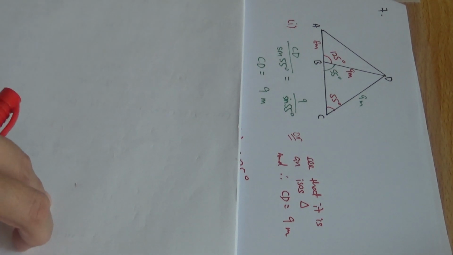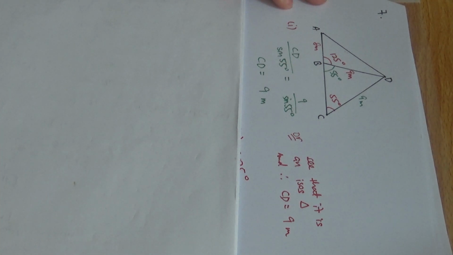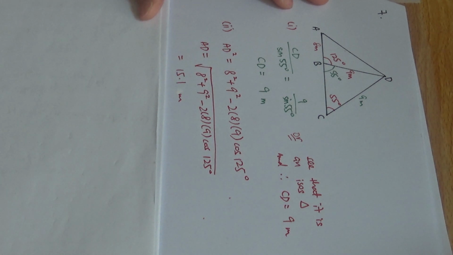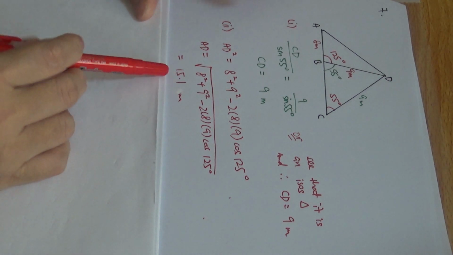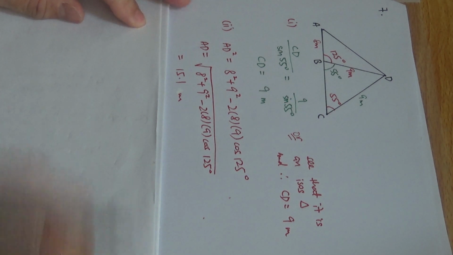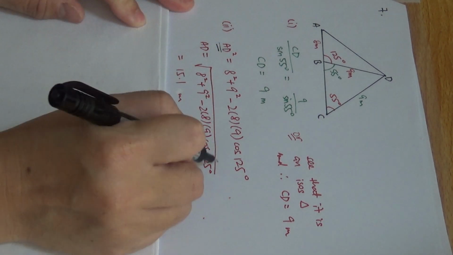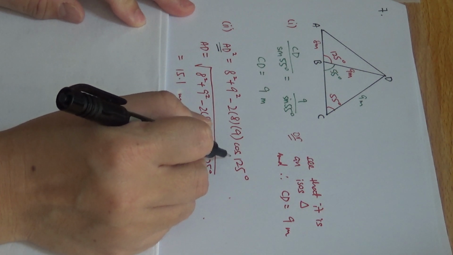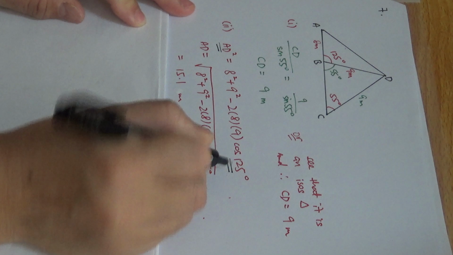Now part 2, the length of AD. I'm using the cosine rule here, and I can find the length of AD easily by making sure that AD is opposite 125.